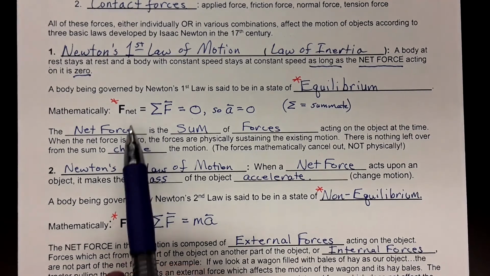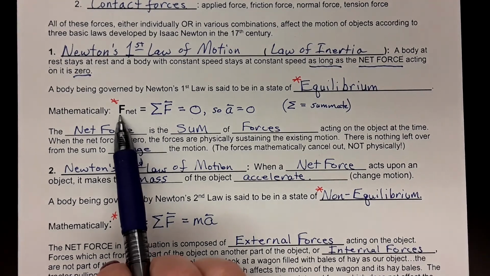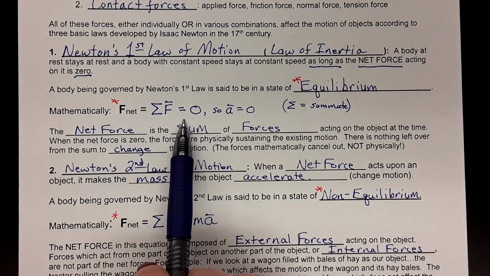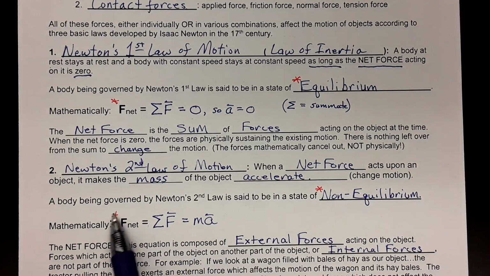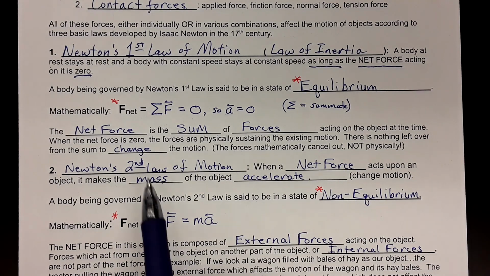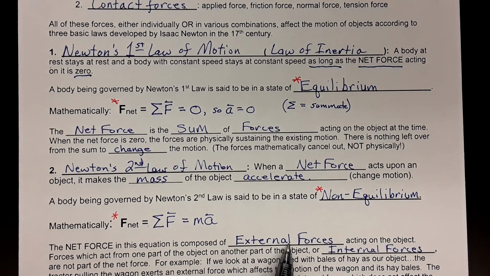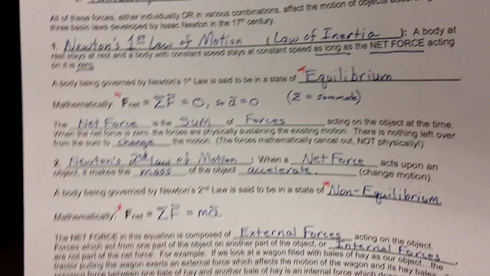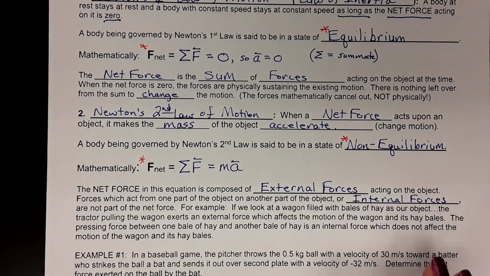So when we look at these two formulas, the first law in a state of equilibrium and the second law in a state of non-equilibrium, the net forces that we're talking about are external forces always. They're not internal forces. Okay? So that means defining the object that you're looking at or focusing on is rather important. And we'll be discussing more of that.